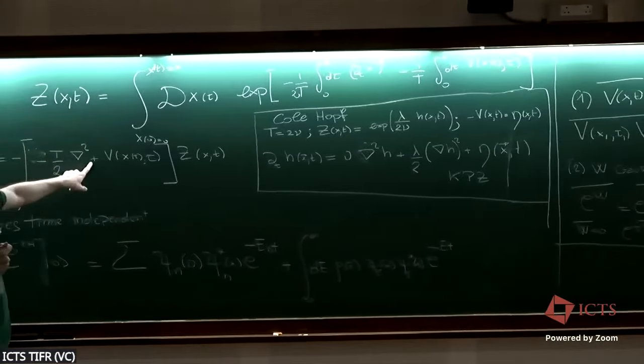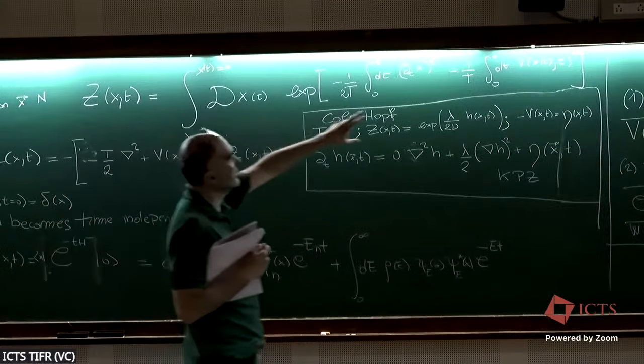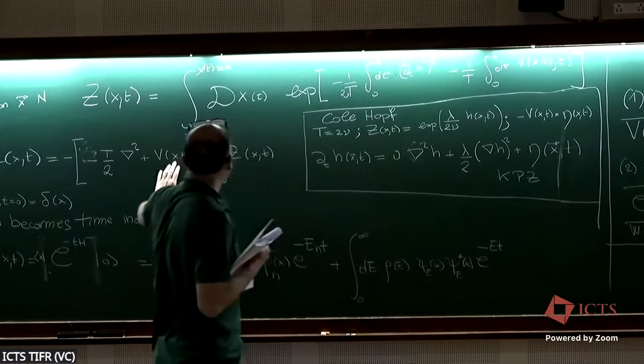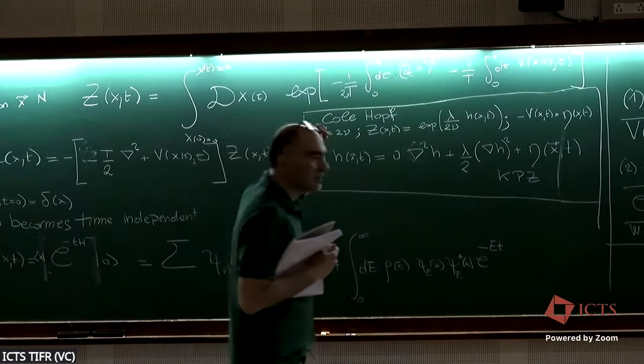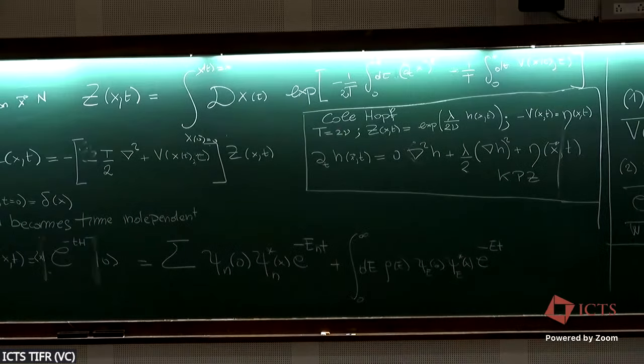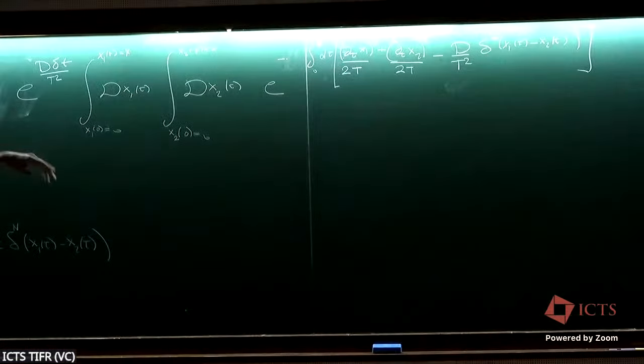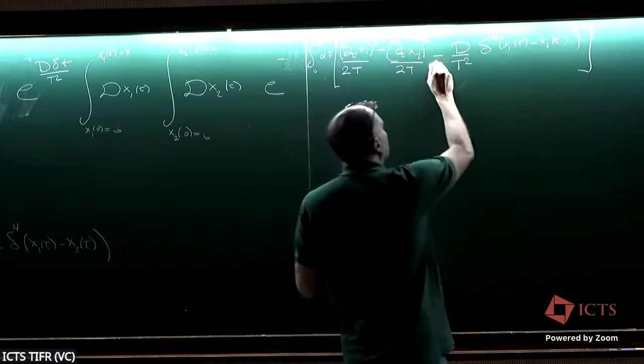So you see that the potential V is the potential of the Hamiltonian, okay? So is this potential attractive or repulsive? In my example here, V of x is this one.